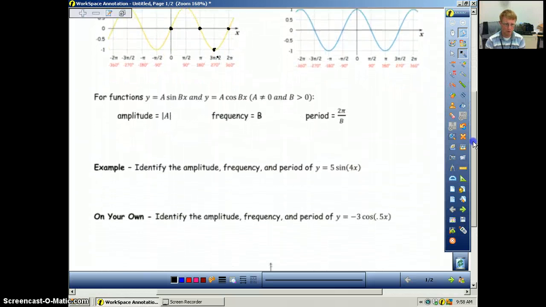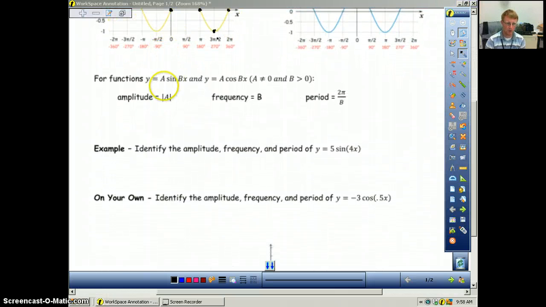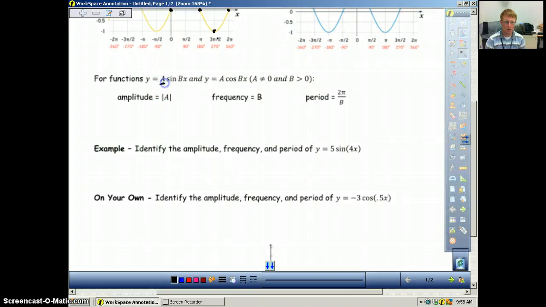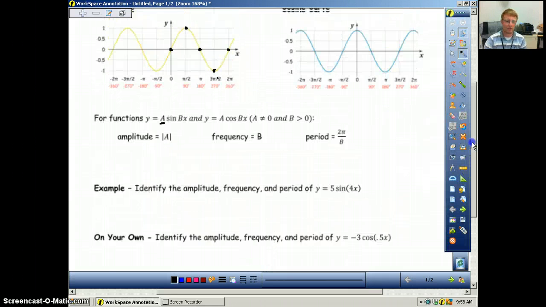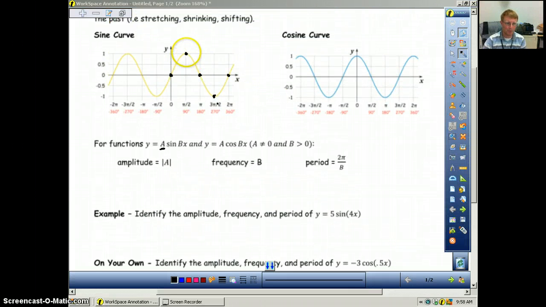If you see a change in any type of sine function, the a in front, that's usually a number, it will be a number, that is considered the amplitude. The amplitude is basically the distance from the top of your sine function down to the middle of the sine function, not the entire thing.